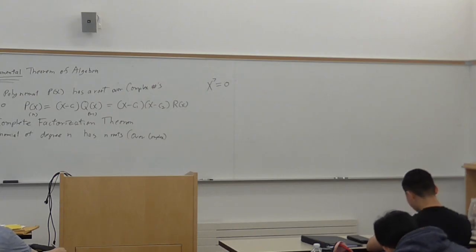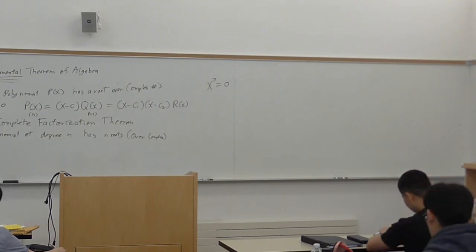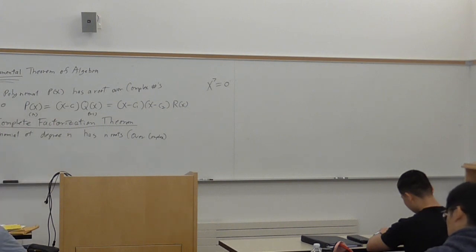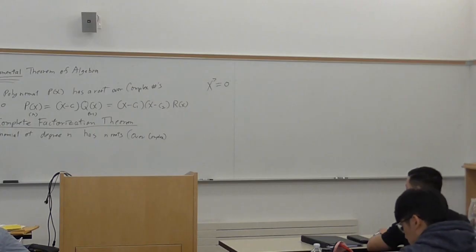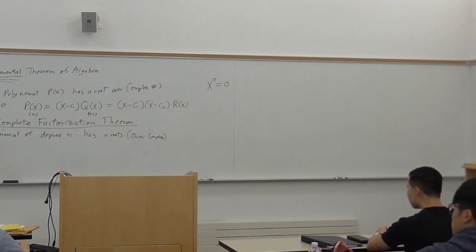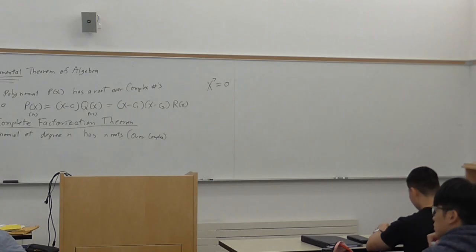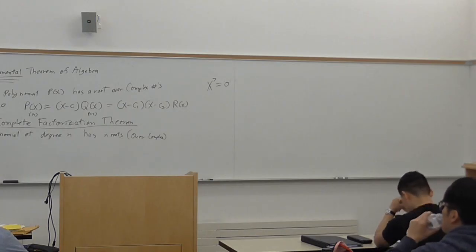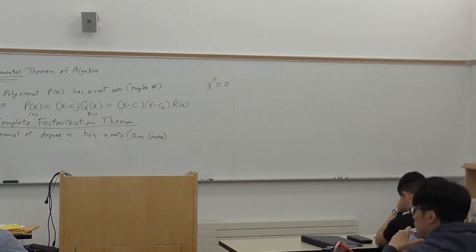But it doesn't matter, we know there have to be n roots. So that's the complete factorization theorem. Unlike the rational root theorem, it gives us confidence to go looking for those roots, but it doesn't really give us a way to find those roots. That's kind of the next step. We'll look again at how to find our complex roots.